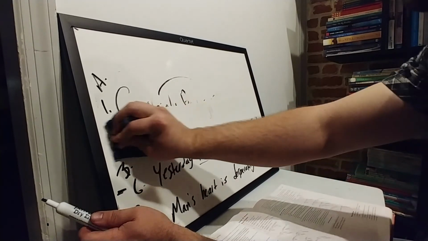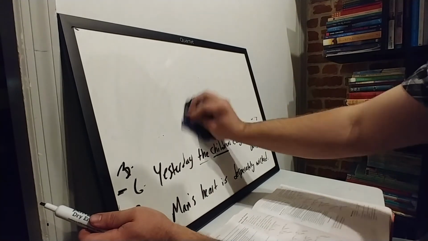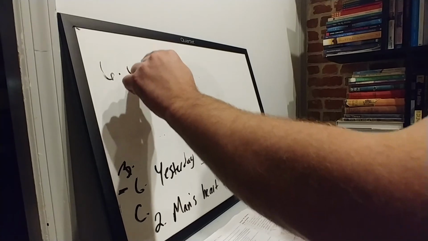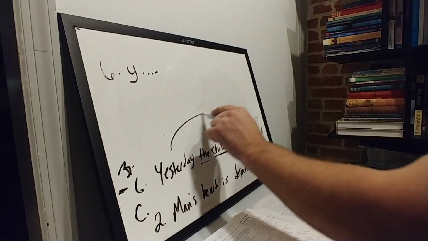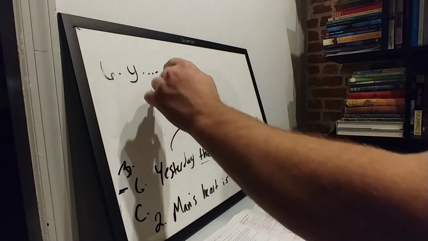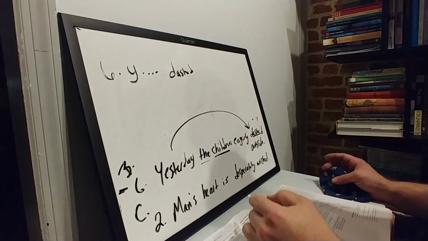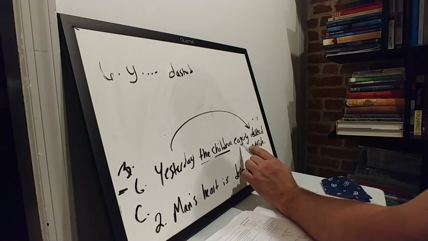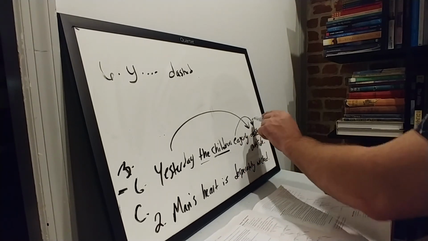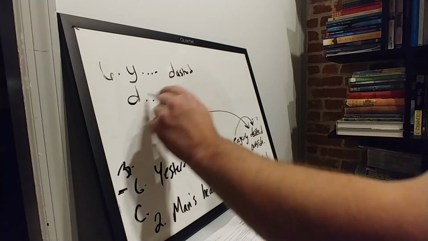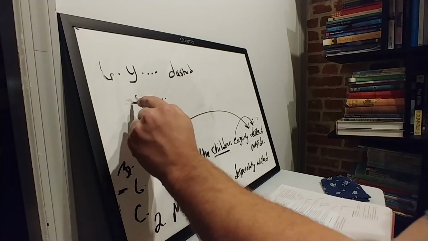So for number 6, you'll write down yesterday and modifies dashed. Eagerly tells to what degree or how they dashed. They dashed eagerly. So it should be eagerly, actually, sorry.